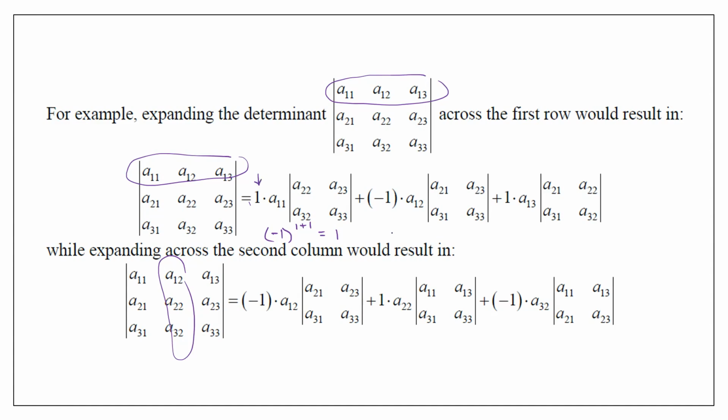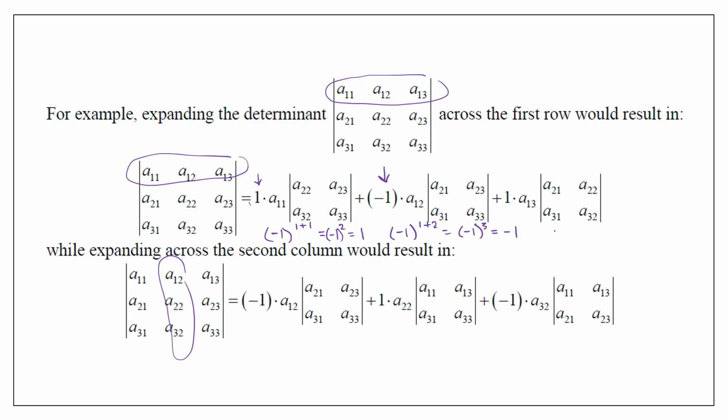If we take the next one, -1 to the power 1 plus 2, so this will be -1 cubed, which equals -1. There we go. That is where we got this -1 from.